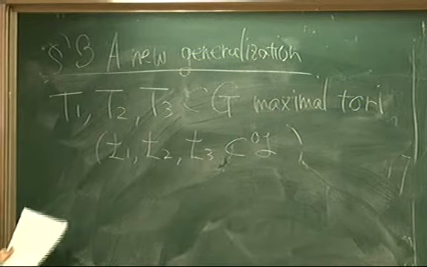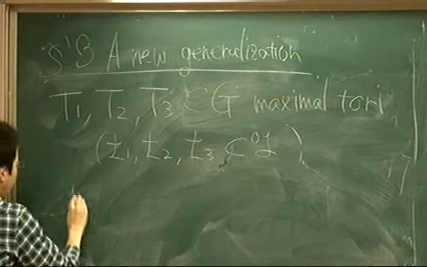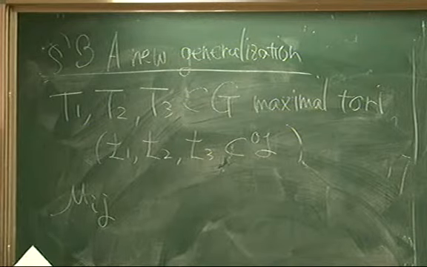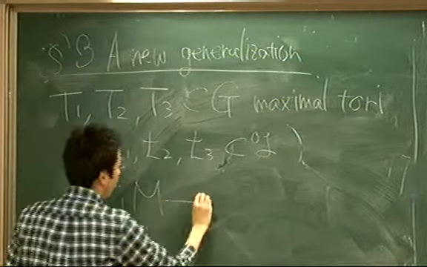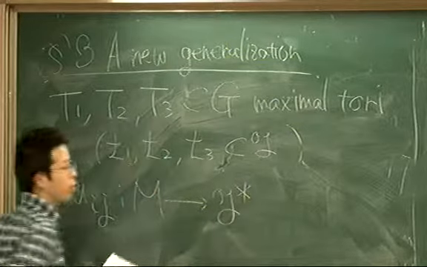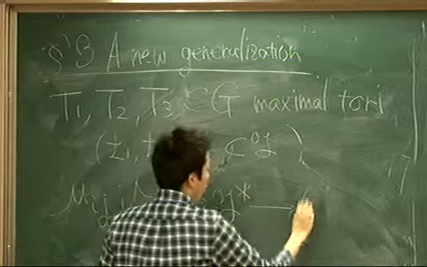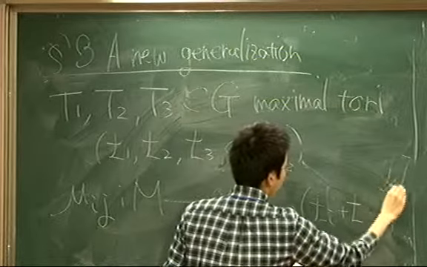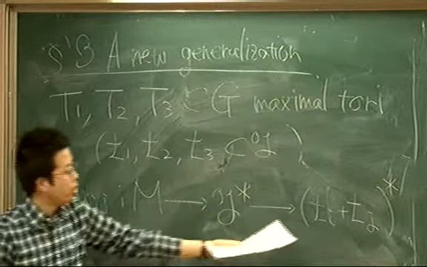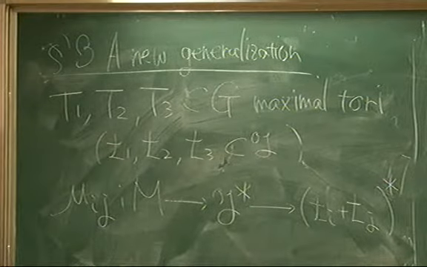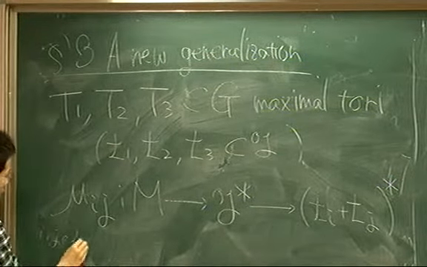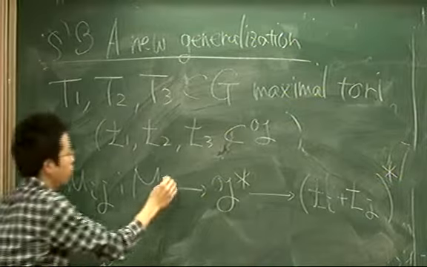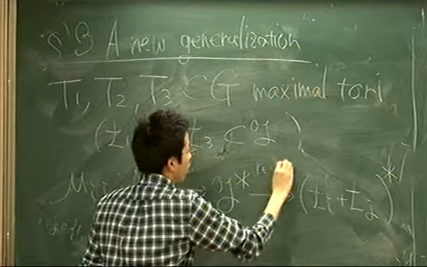Then we can define mu ij, which is a composition of the original moment map and the natural restriction map to the dual of the sum of these Lie algebras. So ij runs over 1, 2, 3, of course. This is the moment map and this is the restriction.